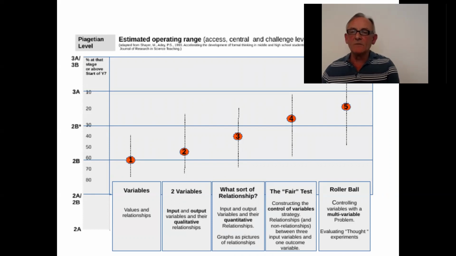And then we move, the complexity gets into starting to quantify relationships, starting to look at linear increase or inverse increase and decrease. And then we move on to a greater number of variables to develop the fair testing idea, and then out into multivariate problems.